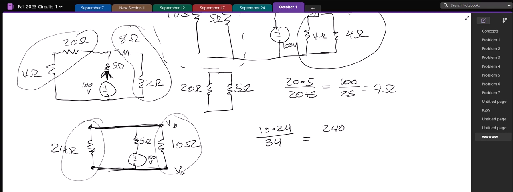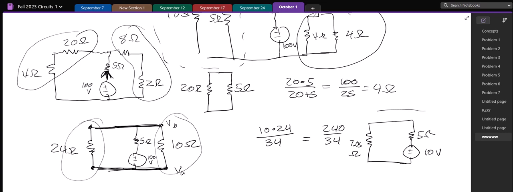Is 240 over 34, and I'm going to ask one of y'all to tell me what that is. All right. So 7.05 ohms, and now I have simplified my circuit all the way down to this.